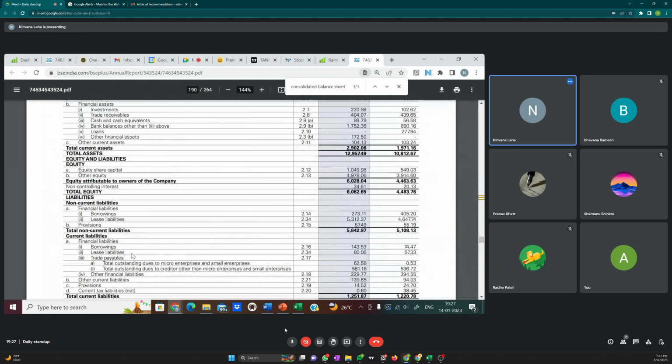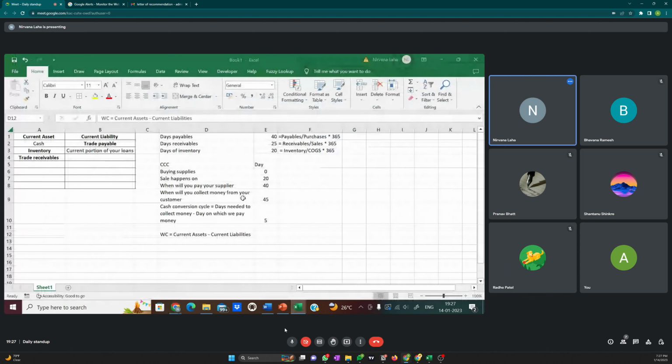Now, this is current assets minus current liabilities. Usually, when you're calculating working capital, in current assets, you will not consider cash, because nobody is forcing you to keep cash, right?